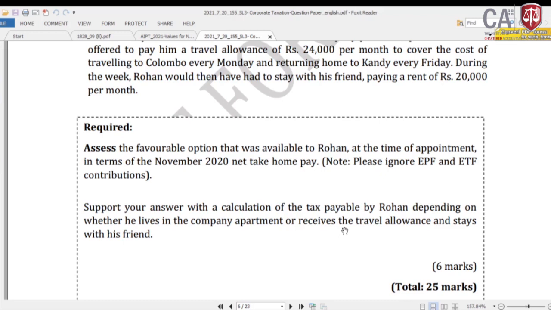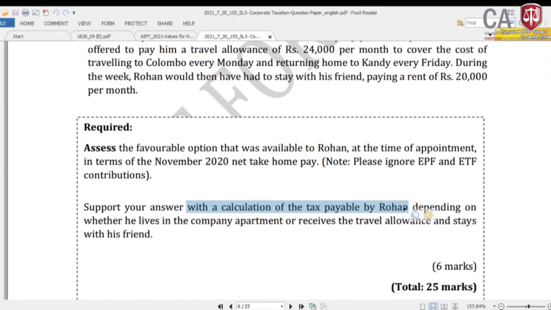To grant the 6 marks, the examiner has very clearly provided a guideline: support your answer with the calculation of tax payable by Mr. Rohan.